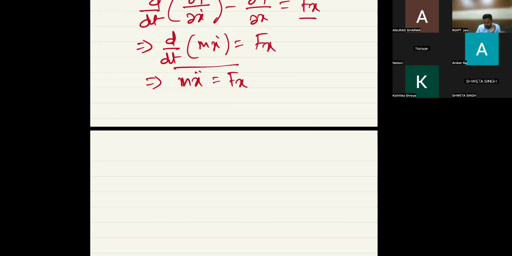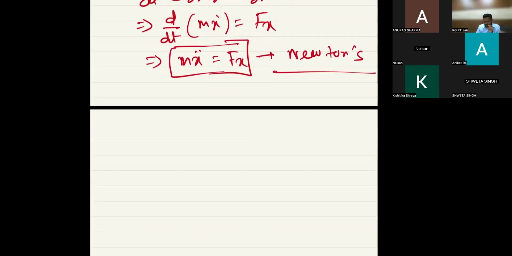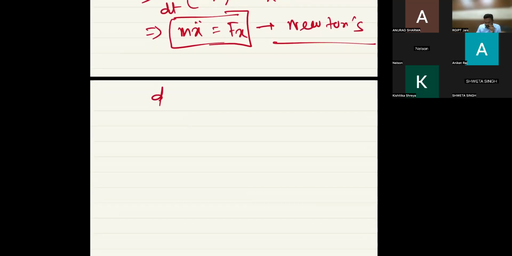What does this formula remind you of? Have you seen it earlier? Newton's second law, F equals ma. And it is not only the x component, you have to do the other components also.